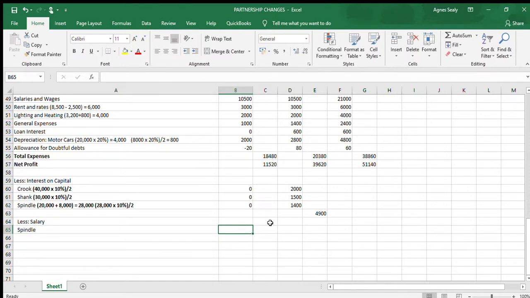He wasn't here in this period, so this is 0, but he was here in this period, so it's $4,000. However, as I said, he was not there for the entire year, so he cannot get the $4,000 for the entire year. He was only there for 6 months, so he can only get salary for 6 months, which is $2,000.